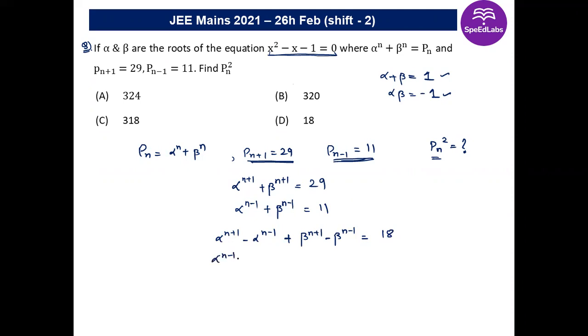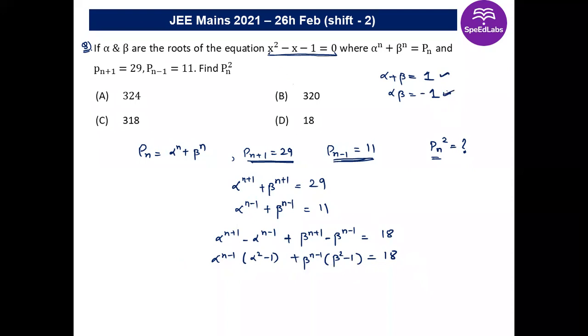Here taking alpha to the power n minus 1 common, we get alpha square minus 1, and beta to the power n minus 1, if we take common, we get beta square minus 1 equals 18. Now how to further simplify from here? This is not coming in the form of alpha plus beta and alpha beta, where we can directly put values. So now how to further simplify this?